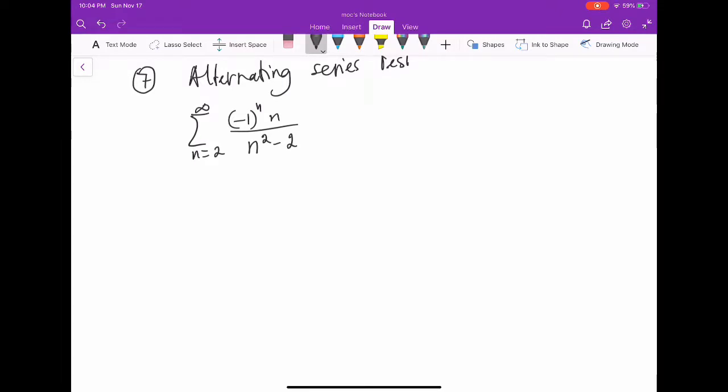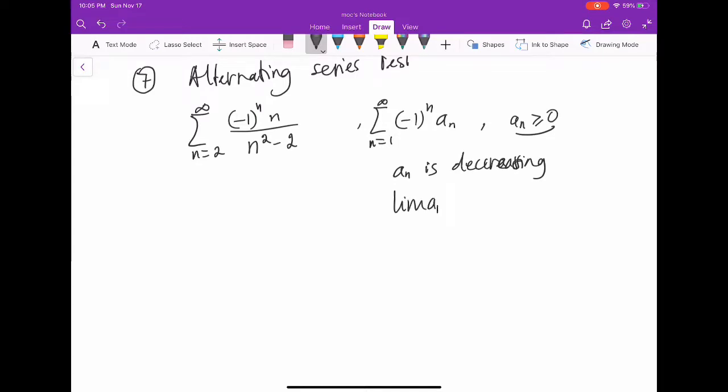So what does the alternating series test say? If you have something like this, or in general, -1 to n and then an, from 1 or 2, no problem. When an is greater than or equal to 0, let's say greater than 0, and you see an is decreasing, and the limit of an is equal to 0.